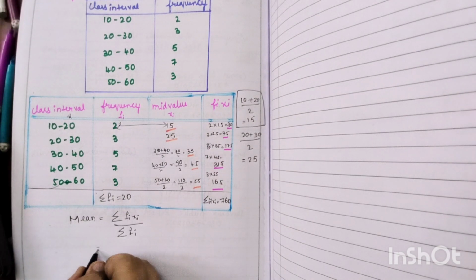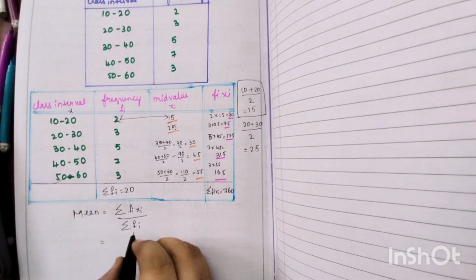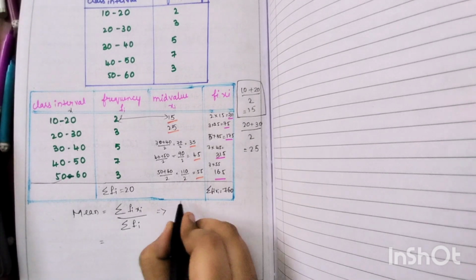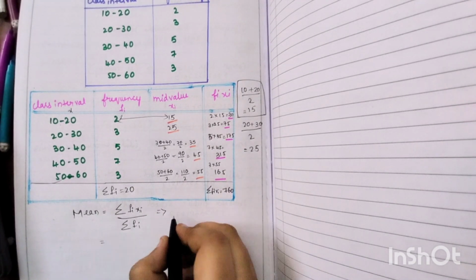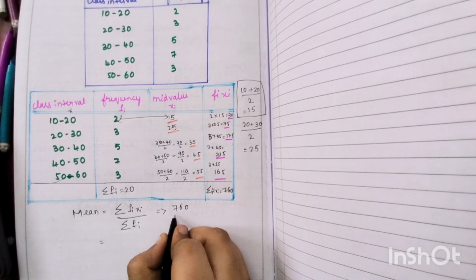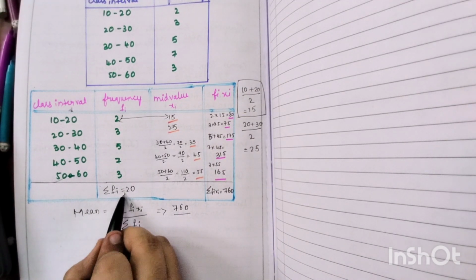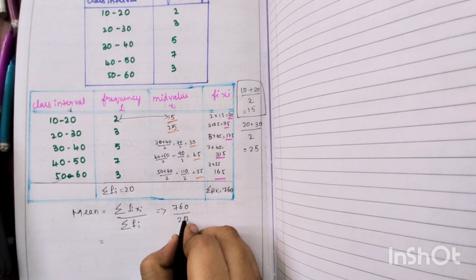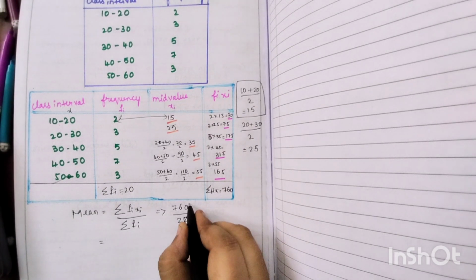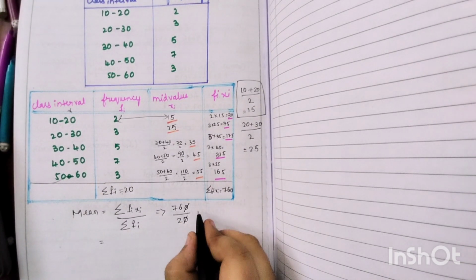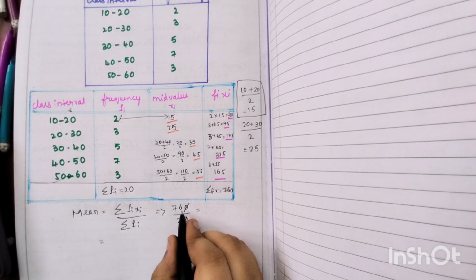So now just substitute that one. That is nothing but fi and xi. We have got 760 divided by, what is summation of fi? We have got 20. So that is nothing but 20. 0 will get cancelled. You can do the further calculation, right?